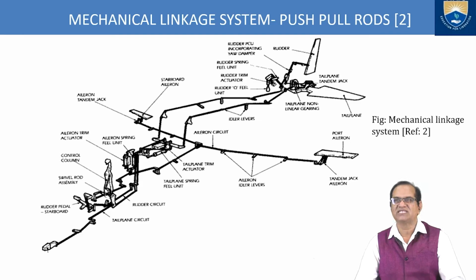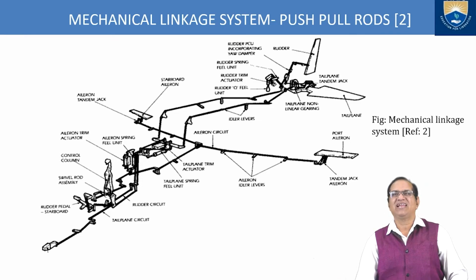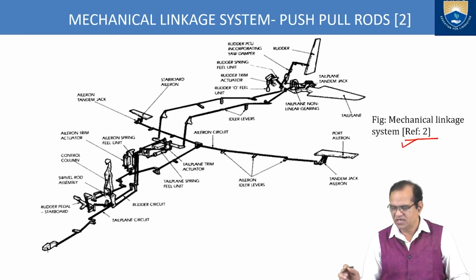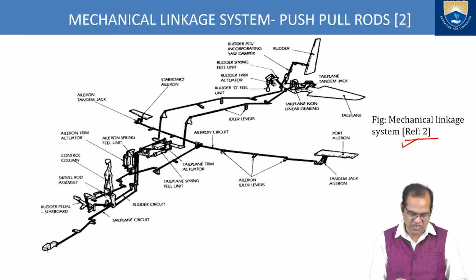In this very old system, we have the mechanical linkages. I am just going to discuss each part of this diagram, which I have taken from reference 2. Here we have some inertial systems. These are the pilot controls and these are the pedals.